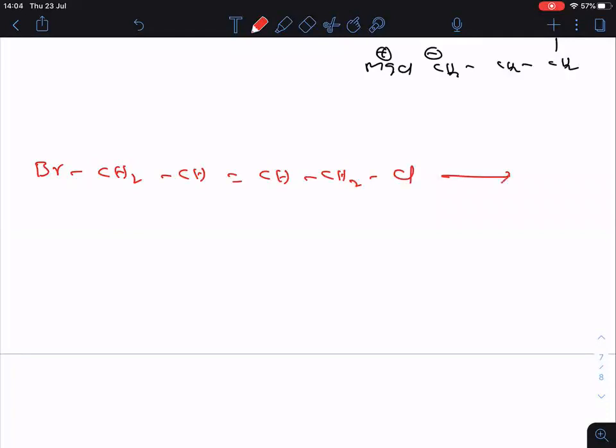When this is treated with one equivalent of magnesium in presence of ether, what is the product formed? This is a previous JEE Advanced question. Come on.